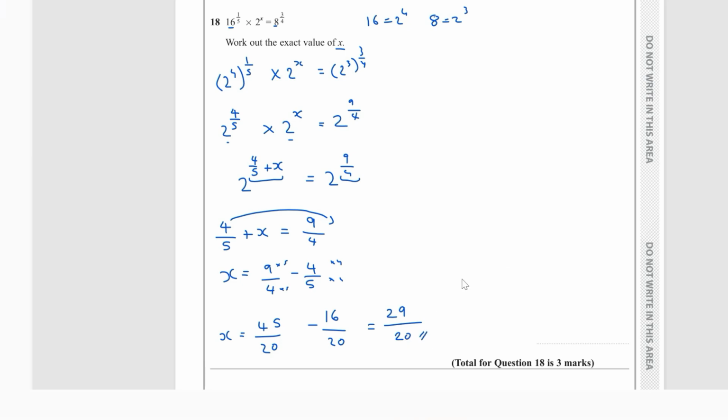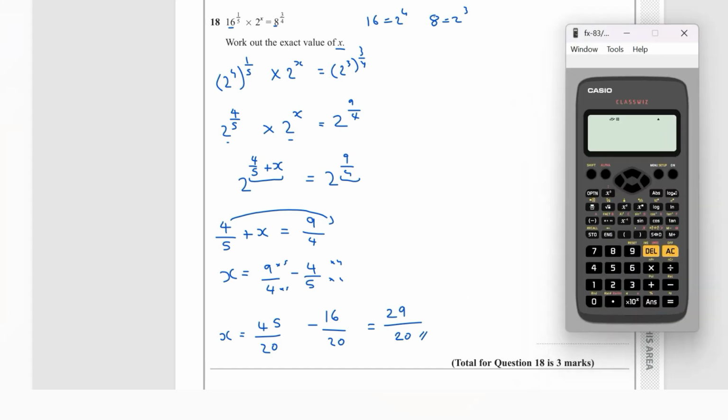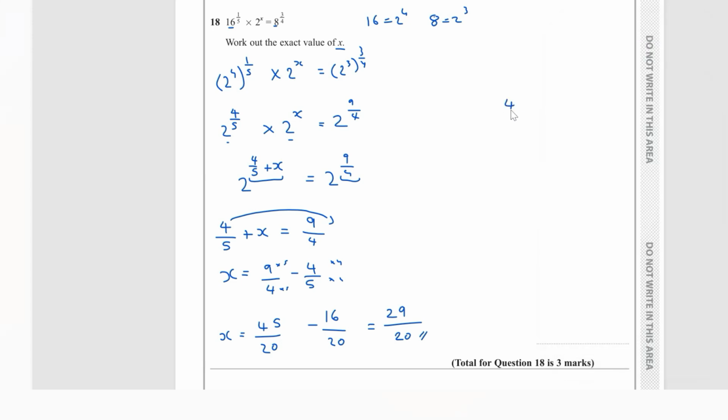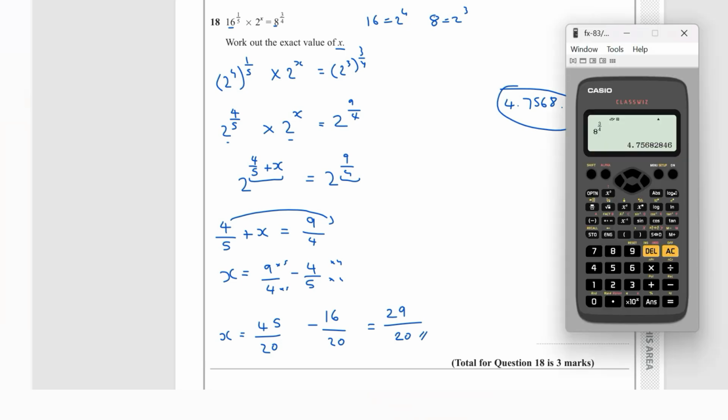Now this is a calculator paper, so we can use our calculator to check whether this is correct. So if we use our calculator here, now if we take the final answer, 8 to the power of 3 over 4, just to see what this value is, 4.7568. So just for our reference there.